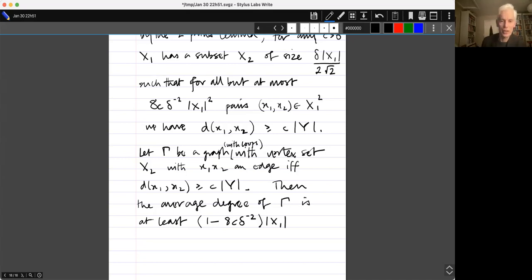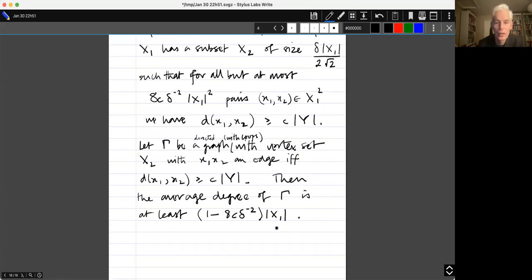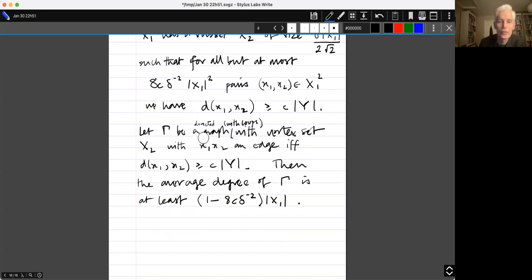Oh, the total number of pairs, I mean. Perhaps I should call it a directed graph, but actually, I'll just call it a graph. The proportion of pairs is at least 1 minus 8c delta to the minus 2 times this squared, and so that is telling us precisely that the average degree is at least this number here.